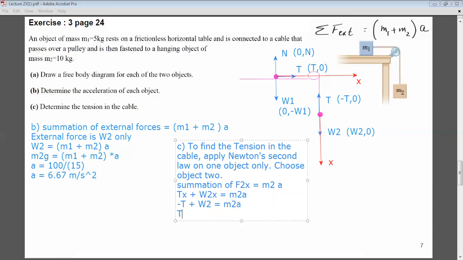So minus T plus M2G, 10 times 10, is equal to M2, which is 10, times 6.67.